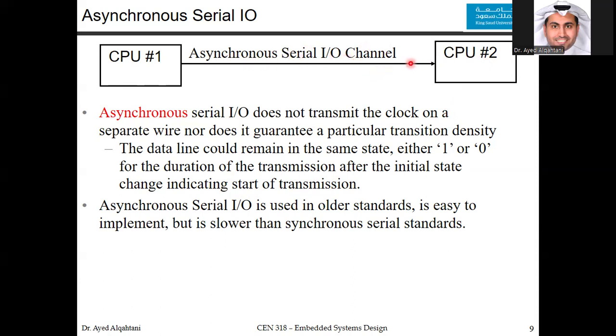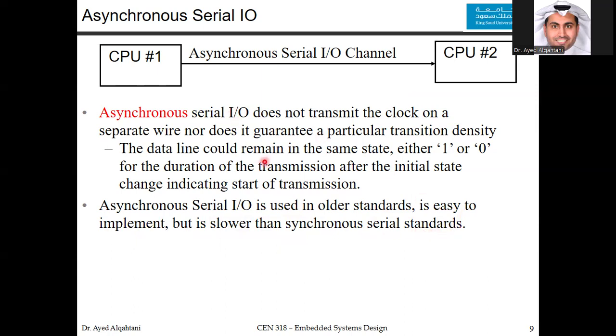This piece of information we usually call a frame. So the receiver needs to know exactly when the frame starts and when exactly it ends. The asynchronous serial I/O is used for older standards. It is easy to implement, but it is slower than the synchronous serial standards.